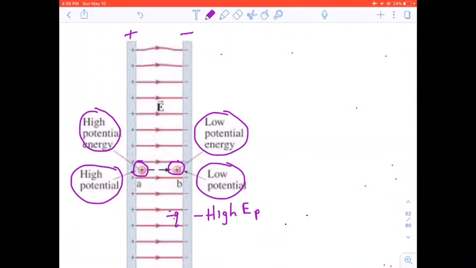When it moves and it's here at the positive plate, then it's going to have a low potential energy, right? Low potential energy. But it still has a low electrical potential, and here at the positive plate it's going to have a high electrical potential, right?